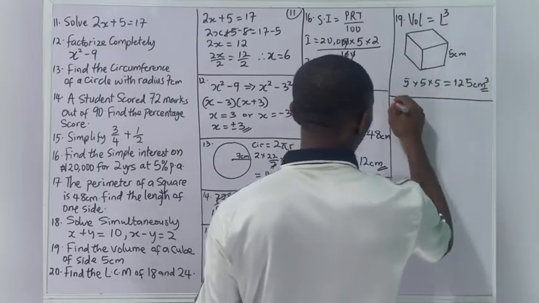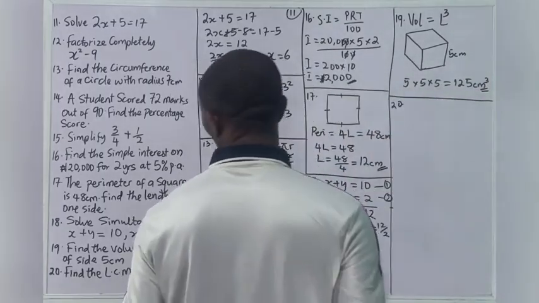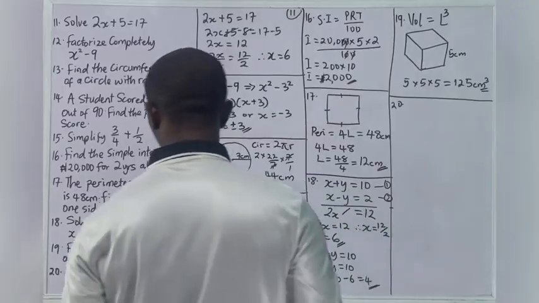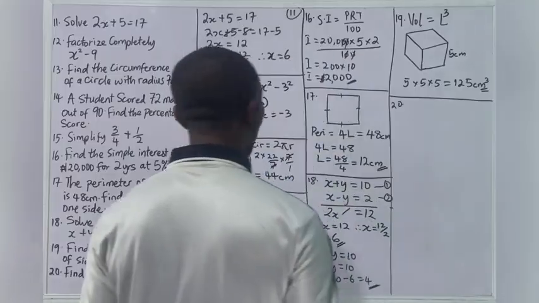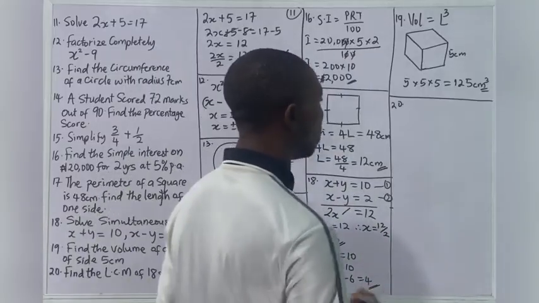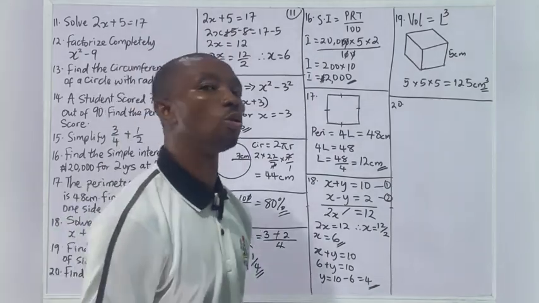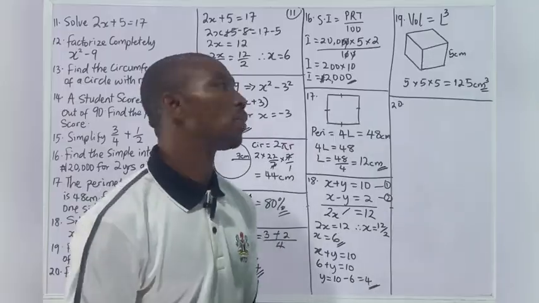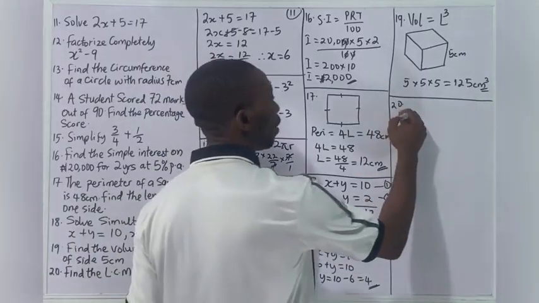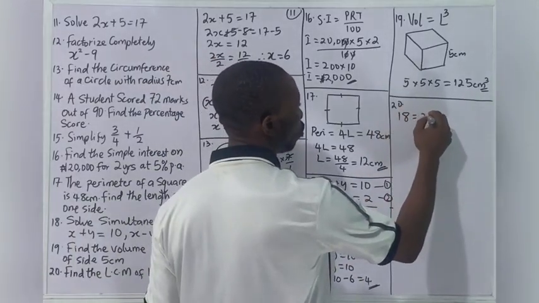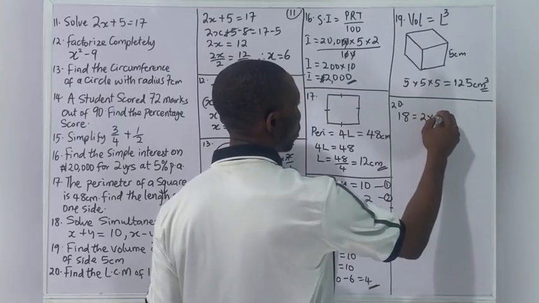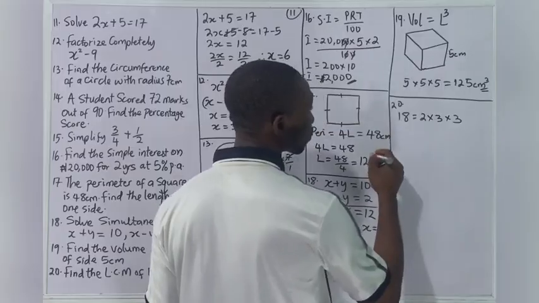Okay, now our final question for today says, find the LCM of 18 and 20. That means the lowest common multiple of 18 and 20. Now, for 18, we have it as 2 times 3 times 3.